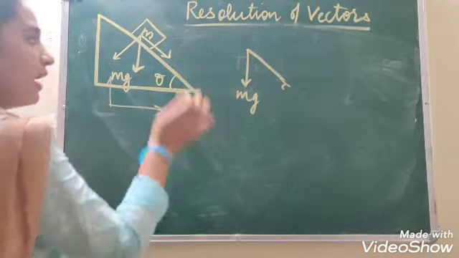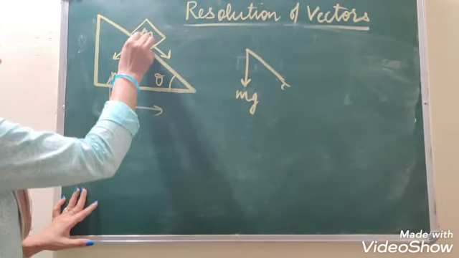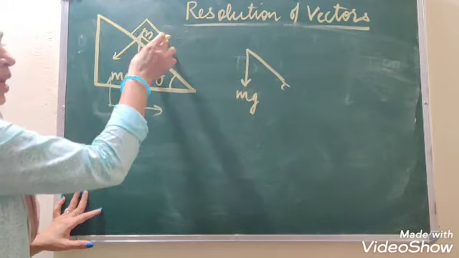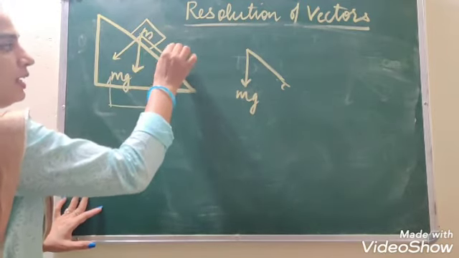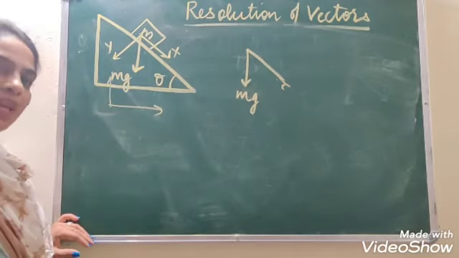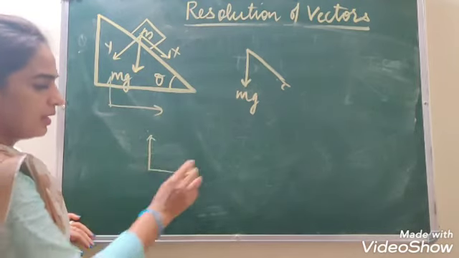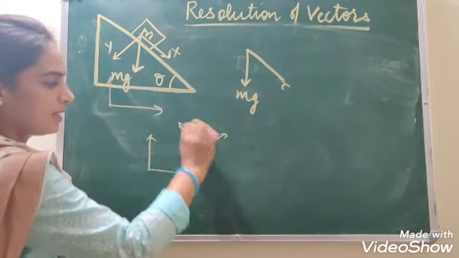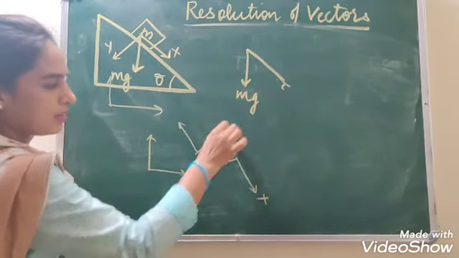Where you have to take the axis, you can take the axis at this point M, at the center of mass of M. So you can place the axis like I've placed. Let us say this is the x-axis, this is the y-axis. You can place the axis anywhere.